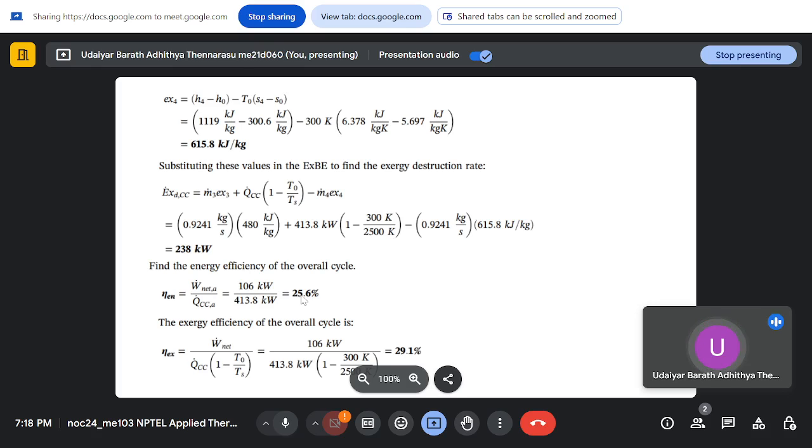So compared to Carnot efficiency it is just 29%. Or in other words, if Carnot generates 100 kilowatt of work, this cycle generates just 29.1 kilowatt of work. So that is what the exergy efficiency says.